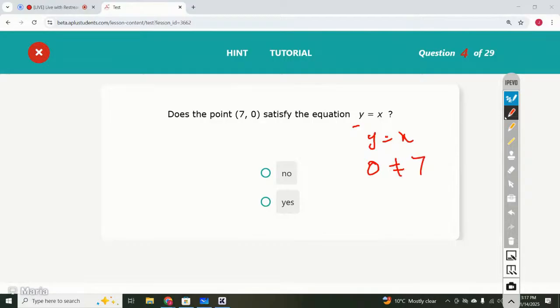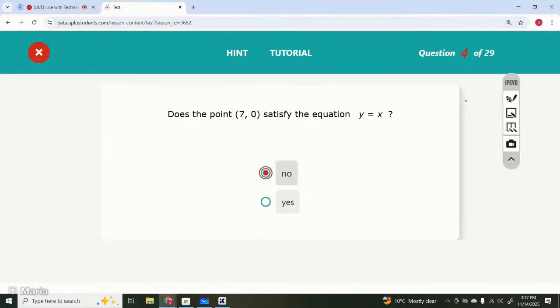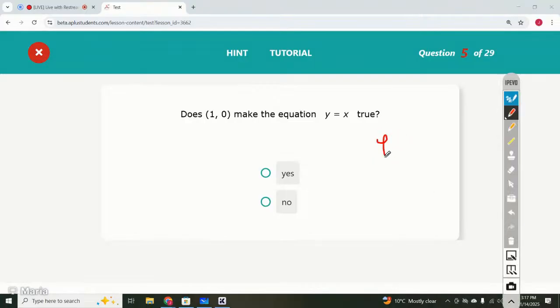Y is 0, and 0 is not equal to 7, so the correct option is no. Does (1, 0) make the equation y equals x true?